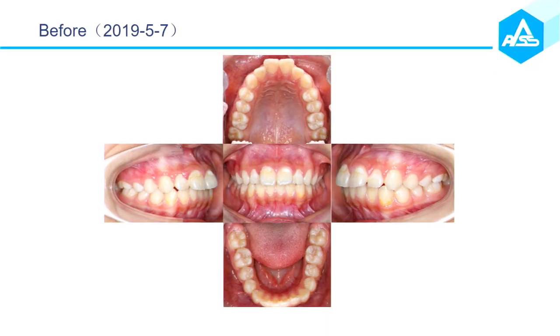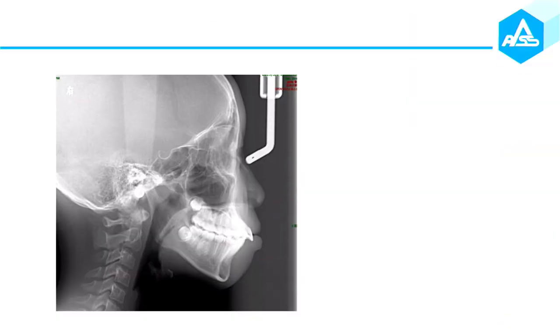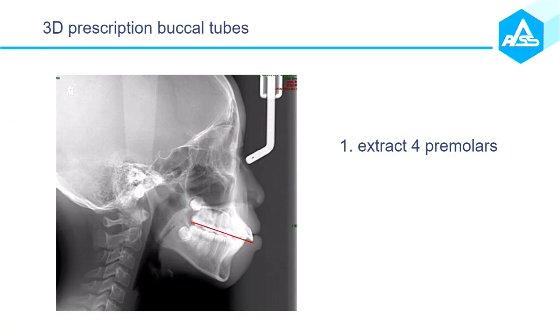Intraoral, mild crowding. So for this kind of patient, we used to extract 4 premolars. If we use 3D prescription buccal tube, 0 degree, engaging incisor brackets, molar will be tipped forward to lose anchorage, right? Then you notice anchorage lost.